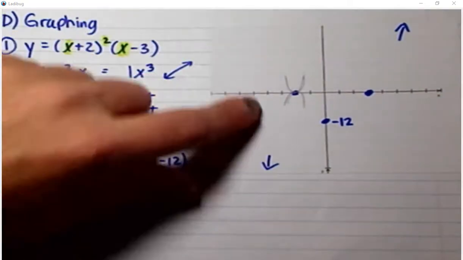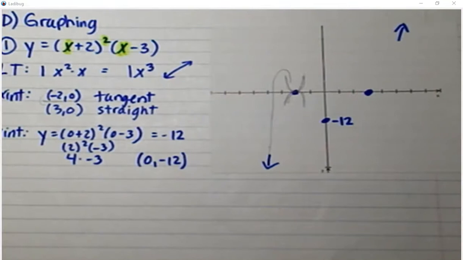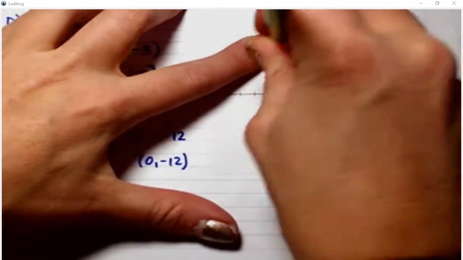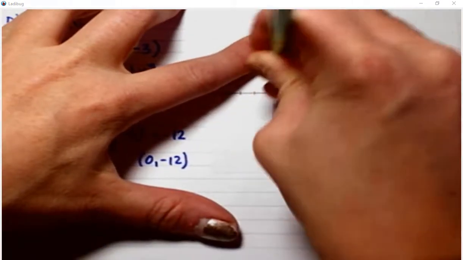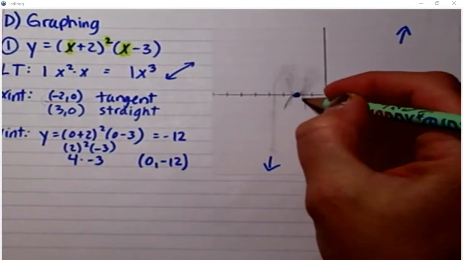Okay, those are your choices, but you can't do that. You can only touch the x-axis where you solved for the x-intercepts. So it could be the top or the bottom, but I'm going to go with the bottom.